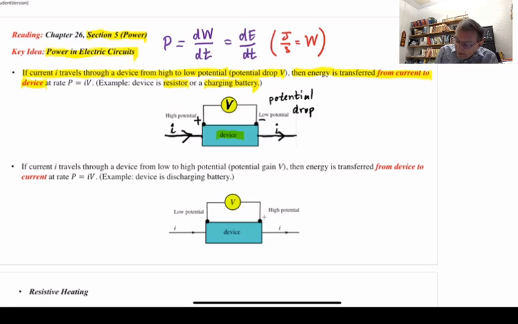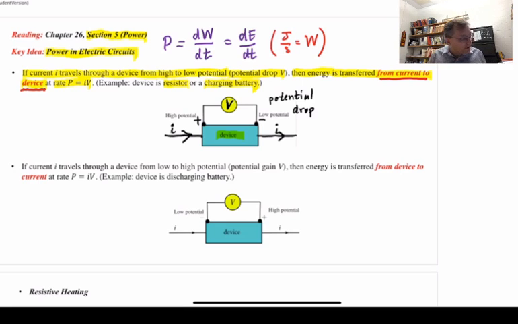That's worth emphasizing. The direction of the energy transfer is from the current to the device. And here's the rate at which that energy transfer happens. In other words, power, P. It's merely the product of the current I going through the device and the potential drop across it.